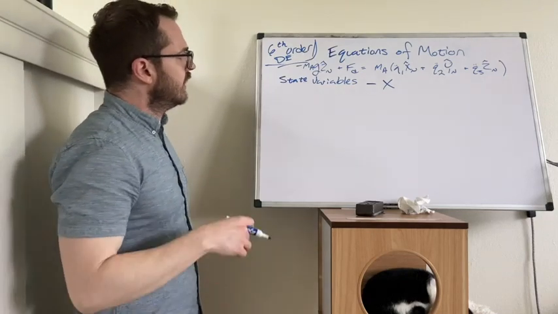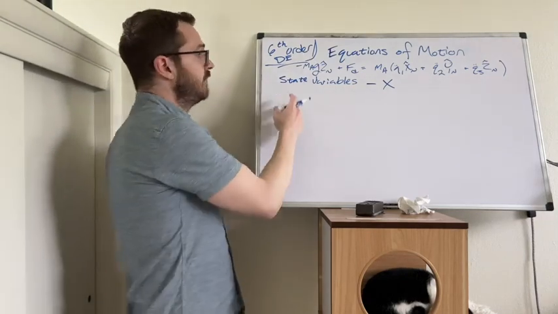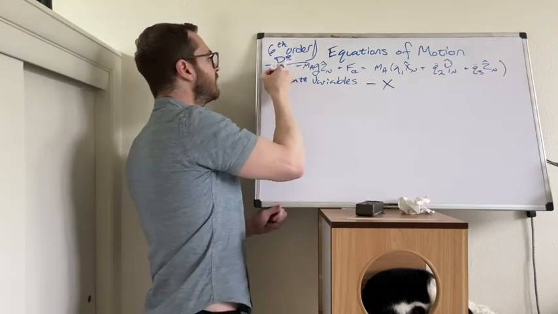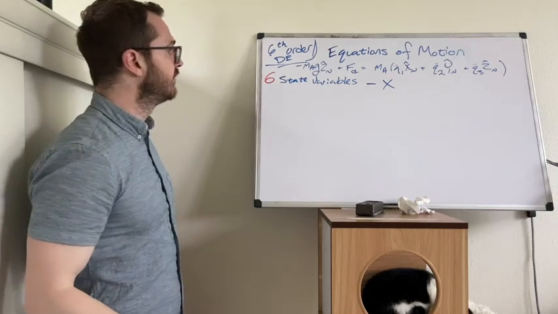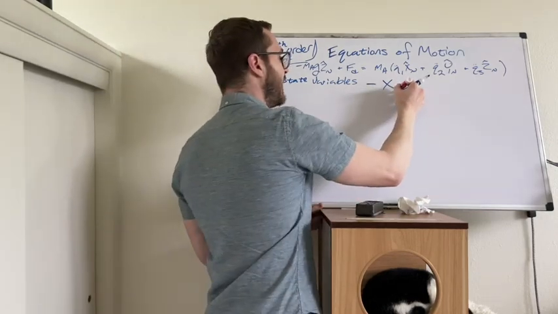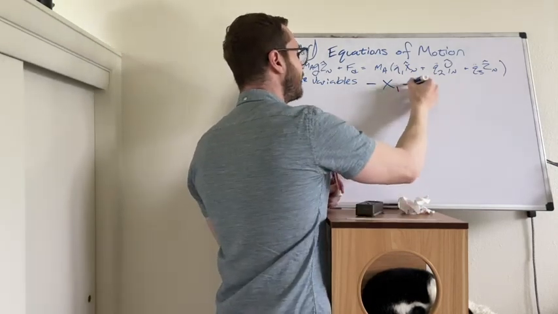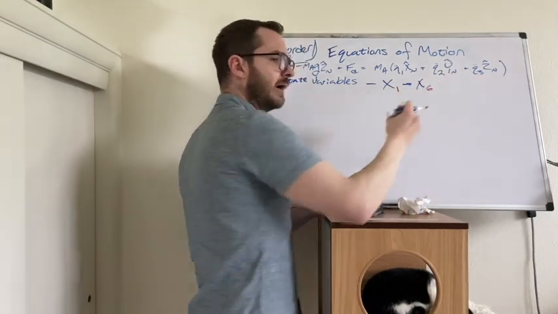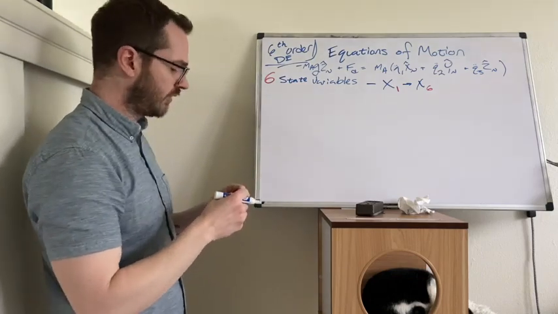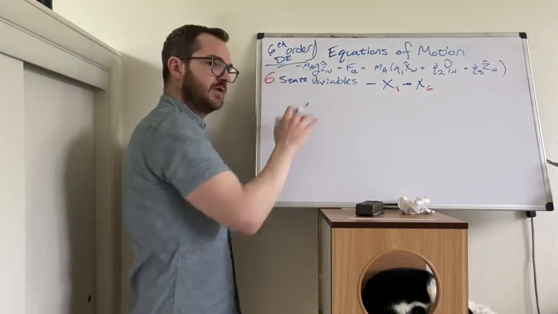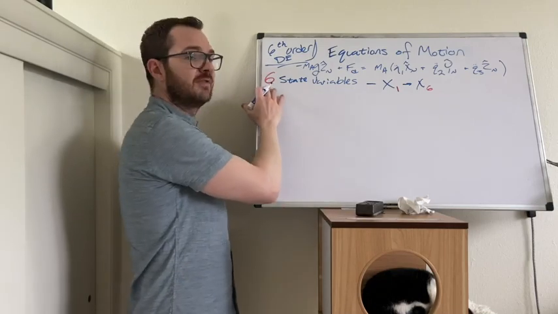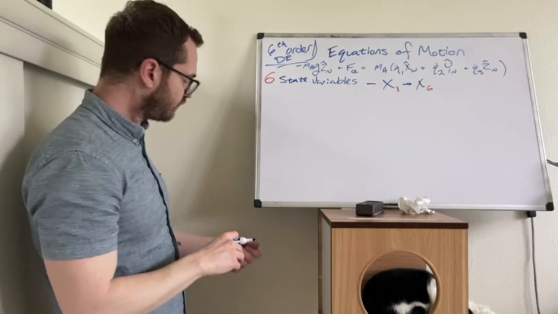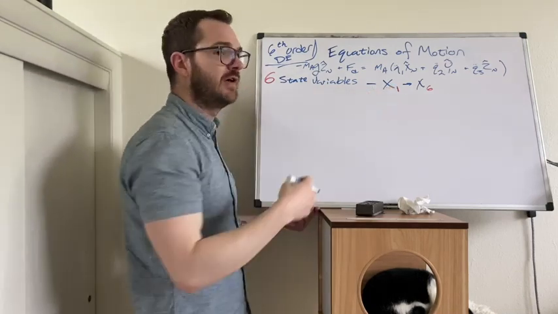The fact that it's 6th order tells me that we need 6 state variables, and those state variables are going to be x1 through x6. All right, that's how we're going to start. You look at your equation, you figure out the order of the system, you figure out how many state variables you need.